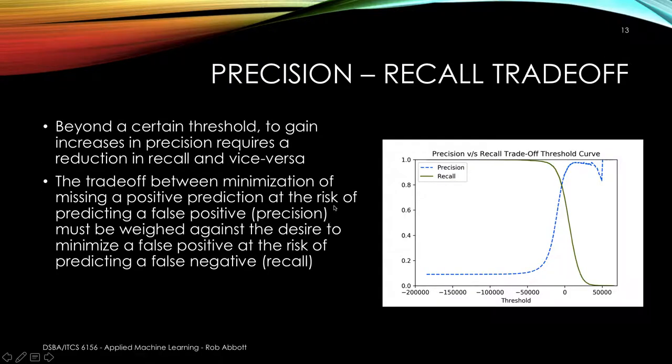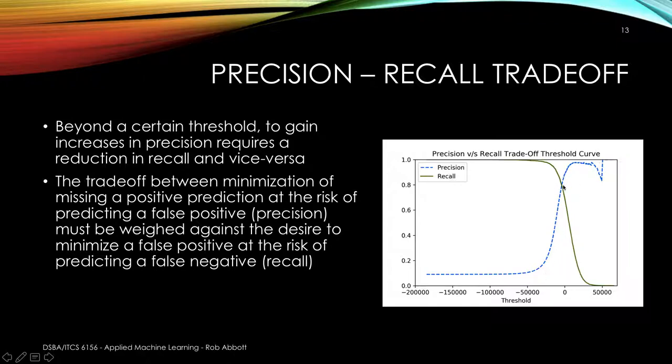So as I was saying earlier, there's what's referred to as the precision recall trade-off. And I showed that there's this recall line in the model and the actual precision line in the model.